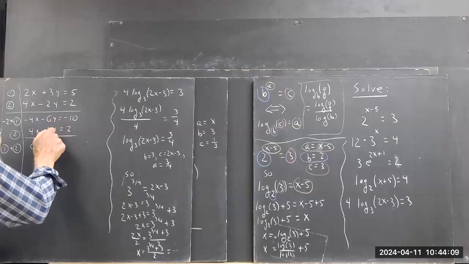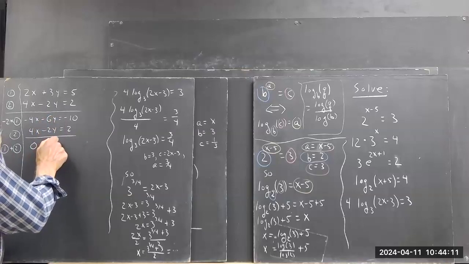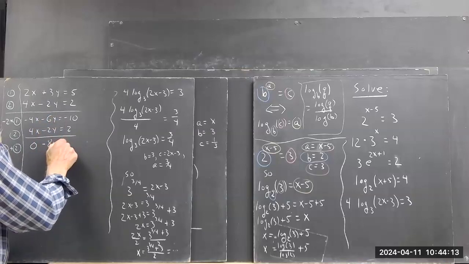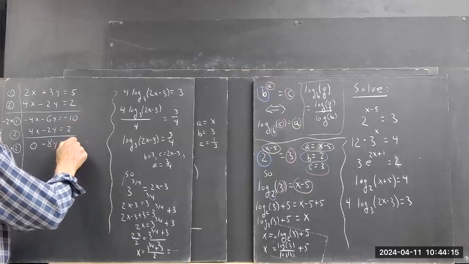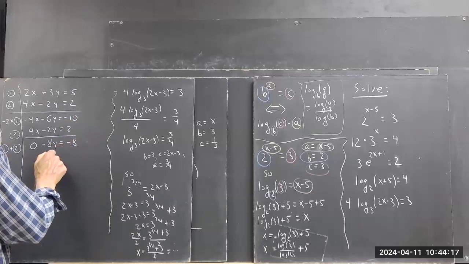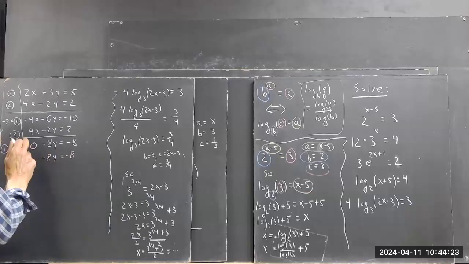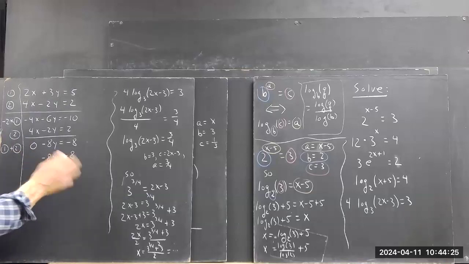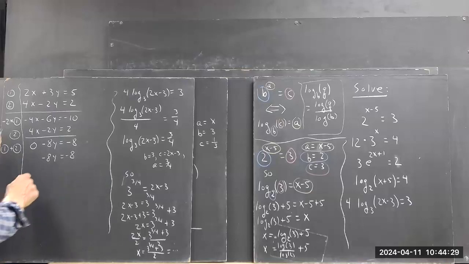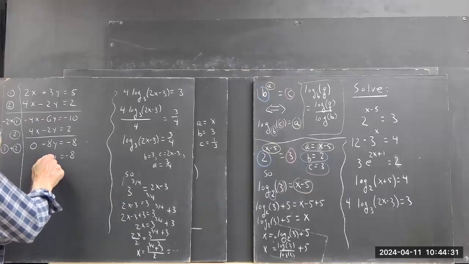Now, -6y and -2y is -8y. And -10 and 2 is -8. Rewriting that, I just have -8y equals -8 because I don't have to write down 0. Okay? And now I can solve this.